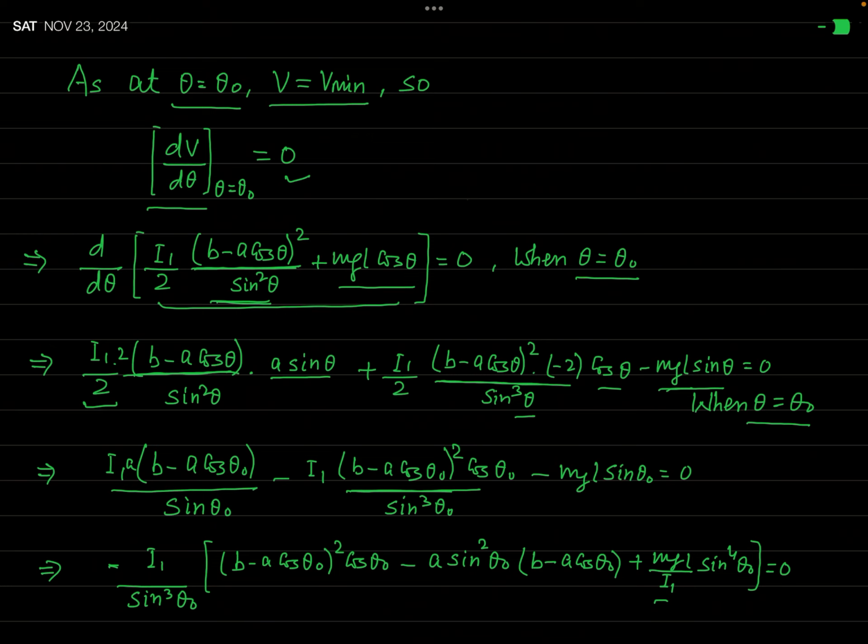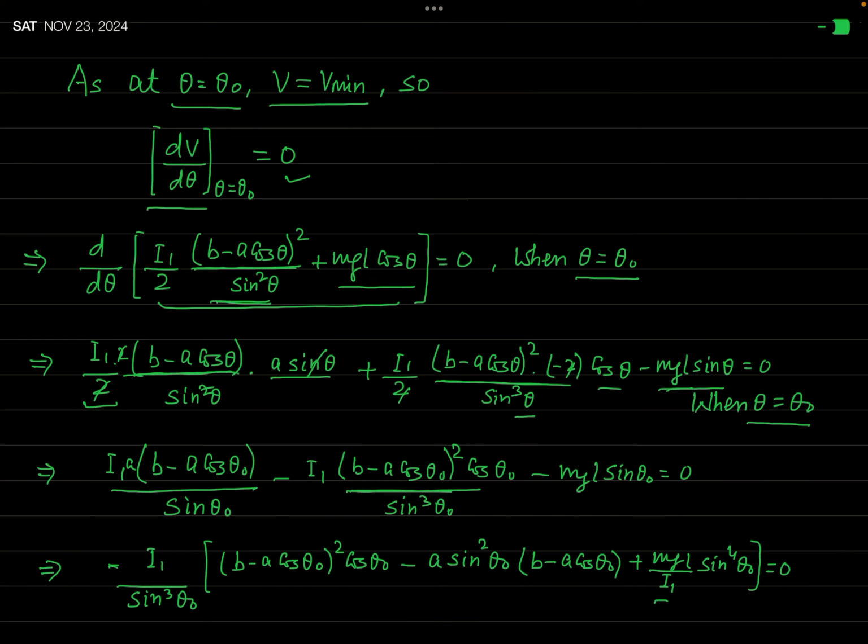Now we will substitute theta equal to theta naught in the LHS of this equation. But before that, let us see this 2 and this 2 will cancel out. This sine theta will also cancel out. And this 2 and this 2 will also cancel out.